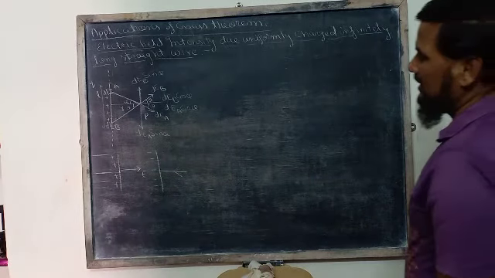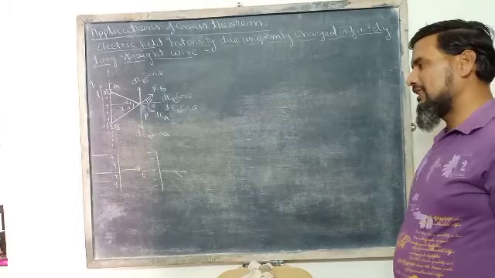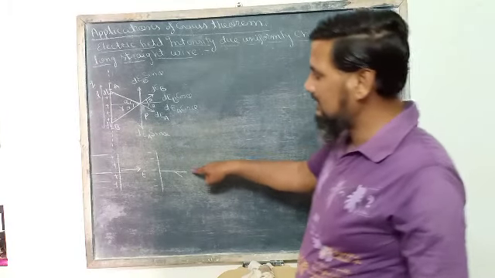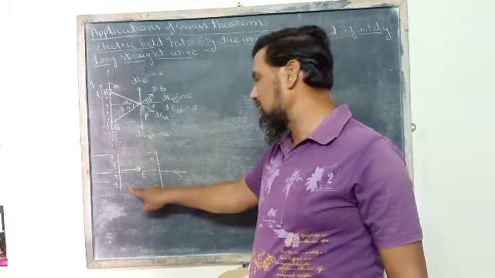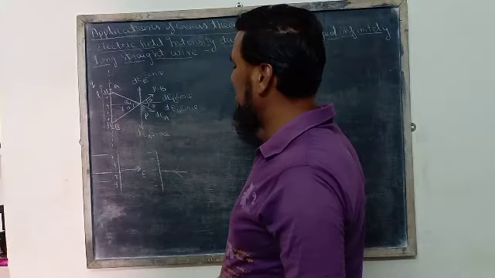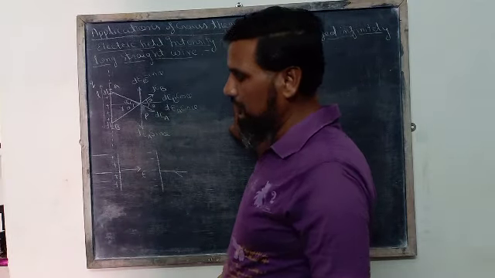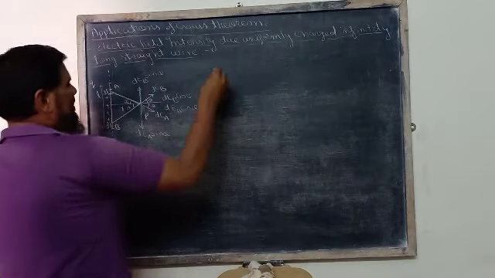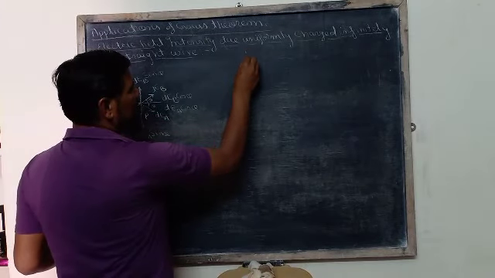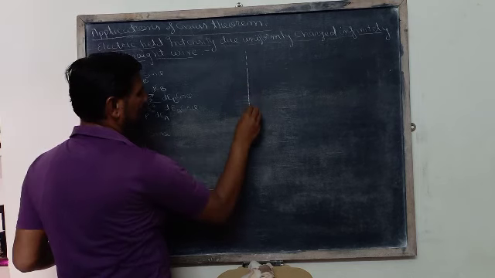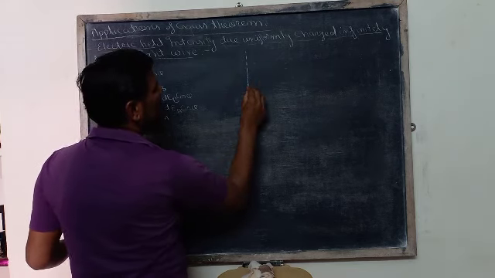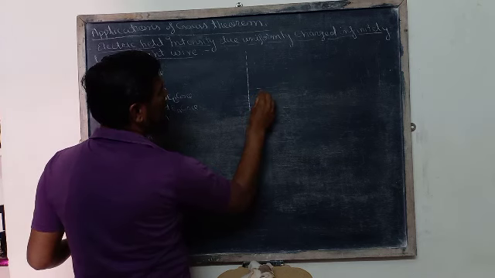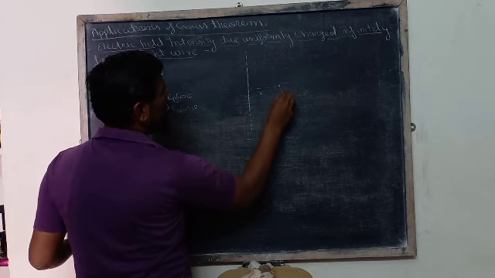Now we shall discuss the magnitude of the electric field intensity. We have discussed the direction of the electric field intensity due to a uniformly charged wire. Now for the magnitude, we again consider the wire of length l, the corresponding charge is Q, the distance is r, and P is the point.